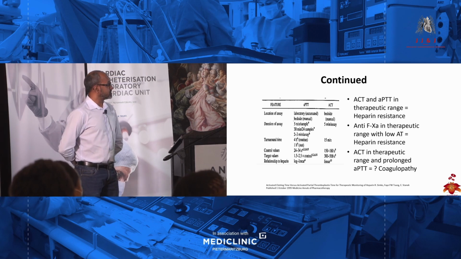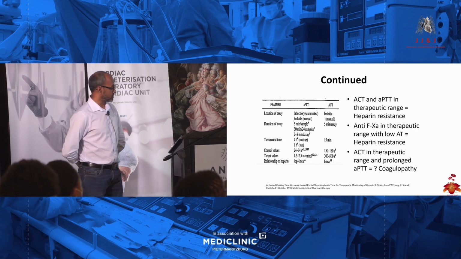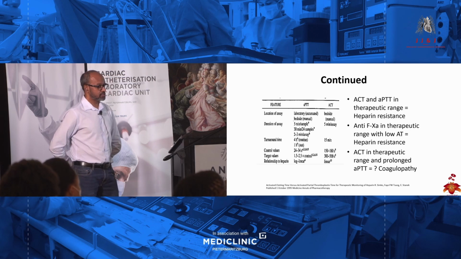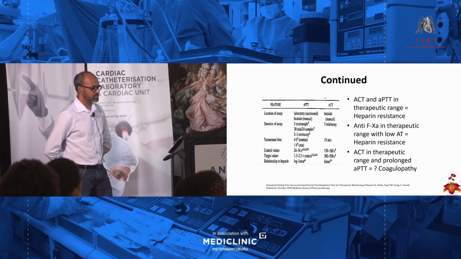If we have an ACT in the therapeutic range and a prolonged APTT, then we need to think about a coagulopathy. The coagulopathy could be easy to determine. We do a 50-50 mix. If it corrects, we know we're dealing with some sort of missing factor level, and we can easily replace that.